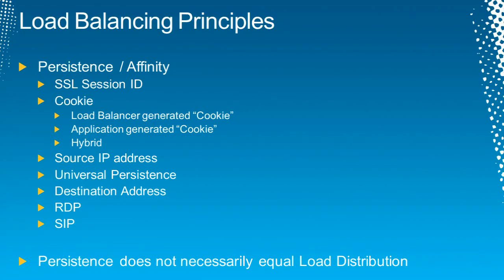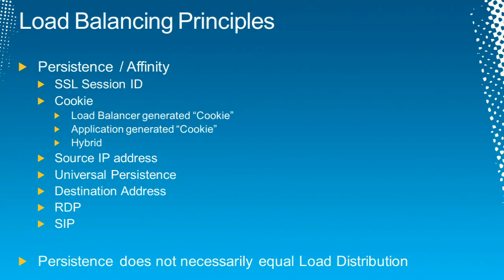And these are just the web browser cookies. We're actually going to show you the cookie in the demo at the end here. Cookies means, however, that we have to decrypt the SSL stream, which means we need a certificate on our load balancer so that it can look inside of those packets and actually either pull the cookie out, if it's an app-generated cookie, or add a cookie, for example, if it's a browser client.